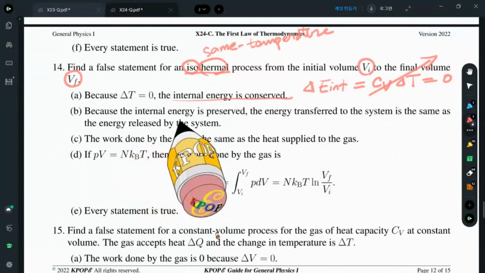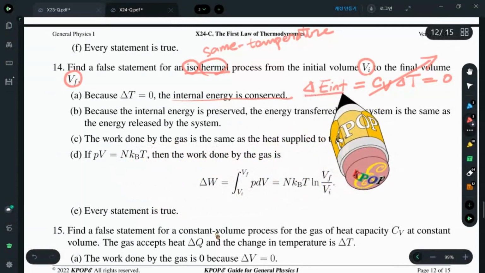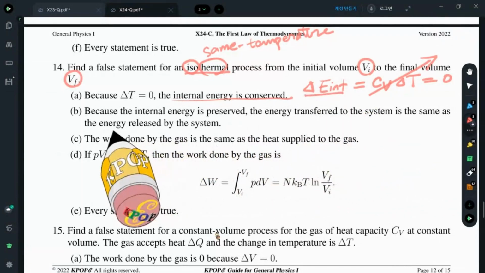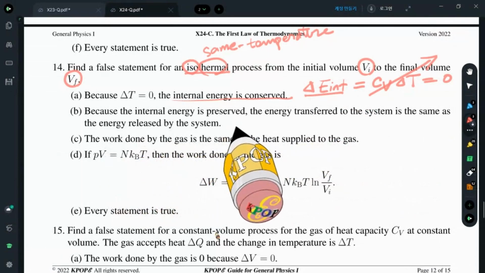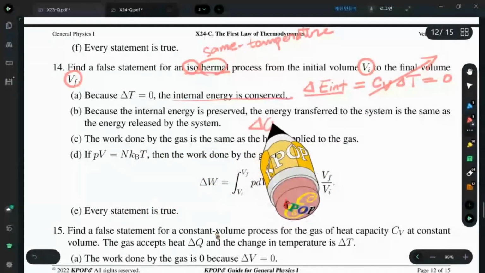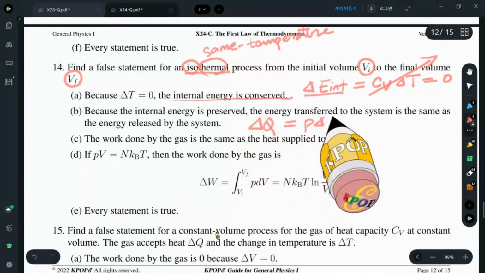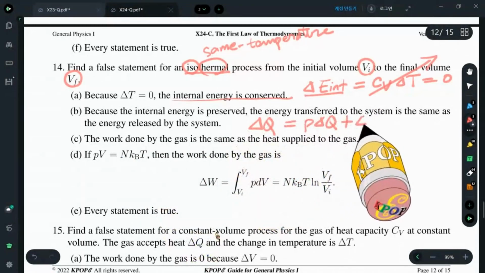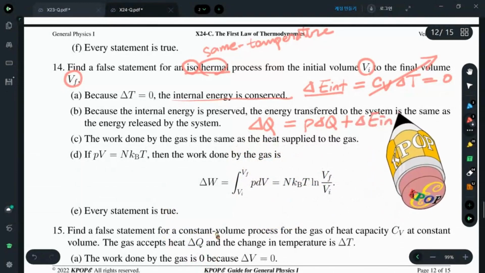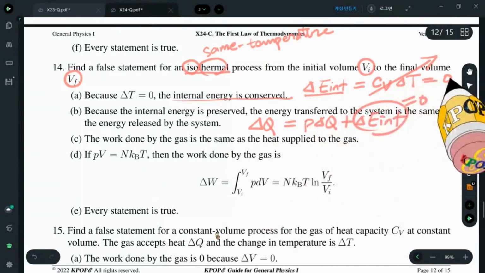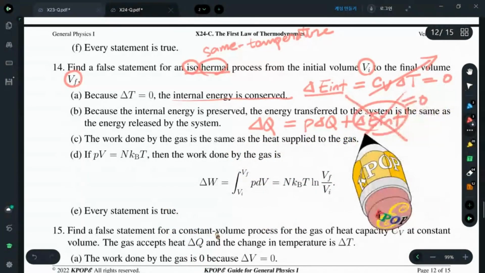Because the internal energy is preserved, energy transferred to the system is the same as the energy released by the system. The first law of thermodynamics is input, output, and the remainder. And the remainder vanishes because the temperature is constant.